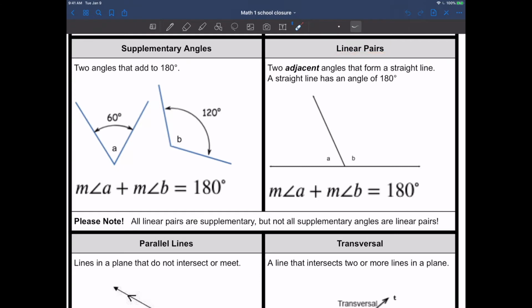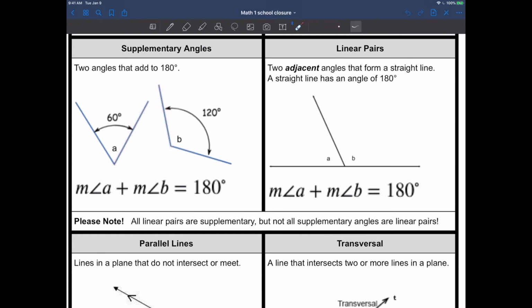Linear pairs are two adjacent angles that form a straight line. A straight line has an angle of 180 degrees. So linear pairs are supplementary. So let's say I were to glue this side to this side, then I would form what we call a linear pair.